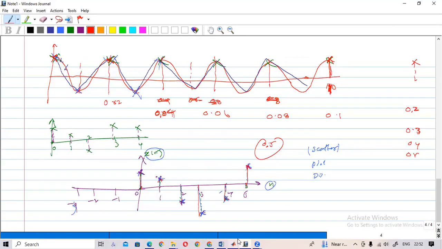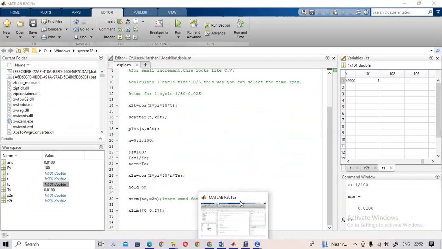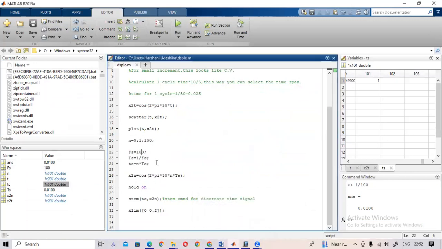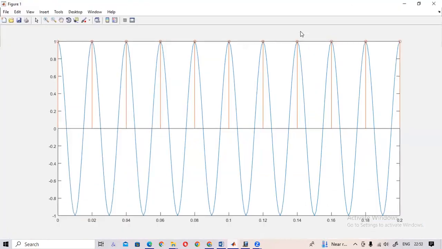But if you reduce this, for example, if we take 50 sampling frequency, you can see that this is one sample, this is the second sample, this is the third sample, and so on.